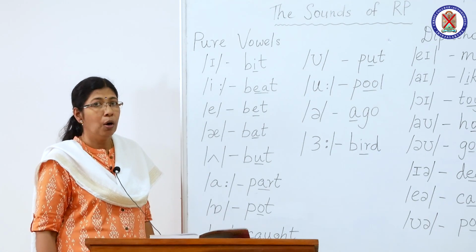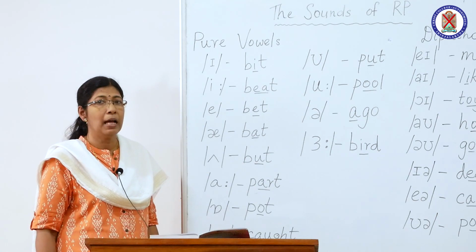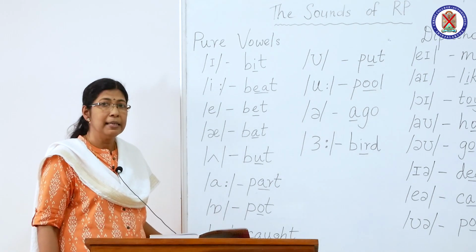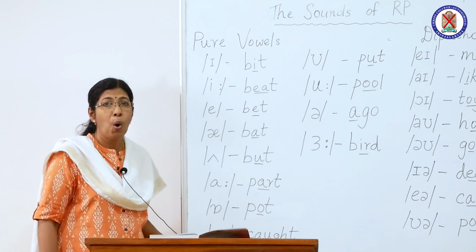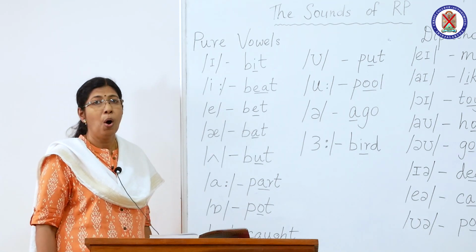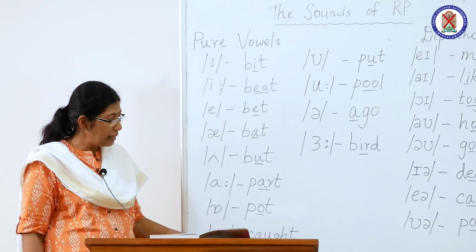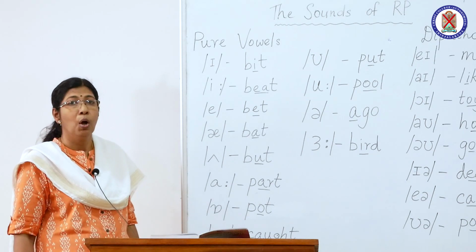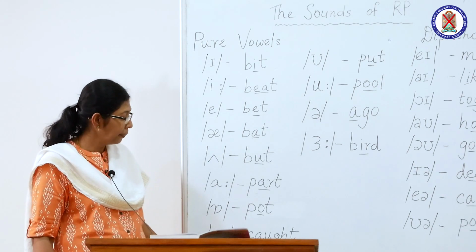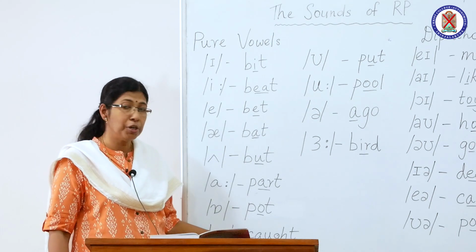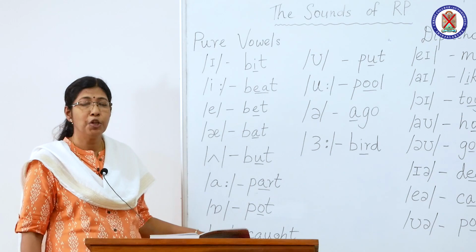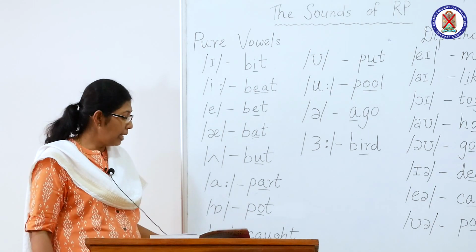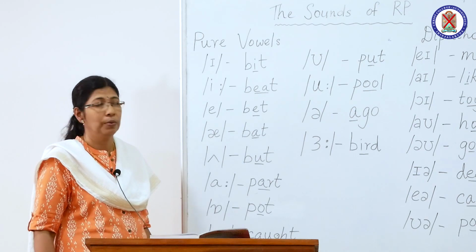The letter O represents the sound O. The next one is again a long vowel, O. It is the sound in the word court. Here we have a combination of 4 letters, A, U, G and H, representing the sound O.